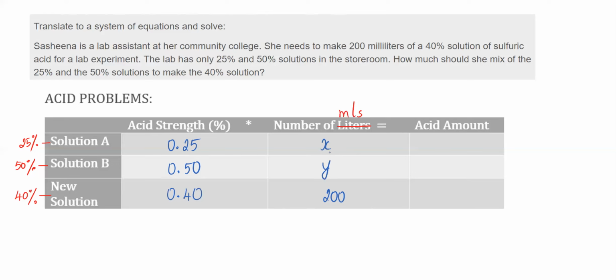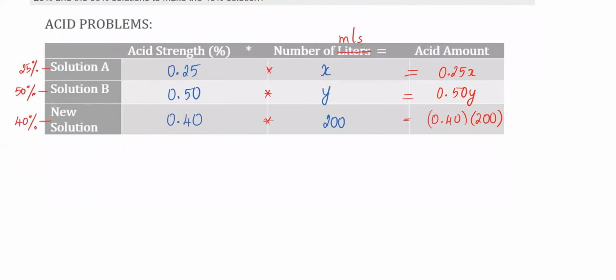We can begin to see that it's very similar to the other problems we did. Multiply them all to get the last column. That's going to be 0.25x, 0.50y, and this is 0.40 times 200. Now we're going to write the equations out here from the last two columns.